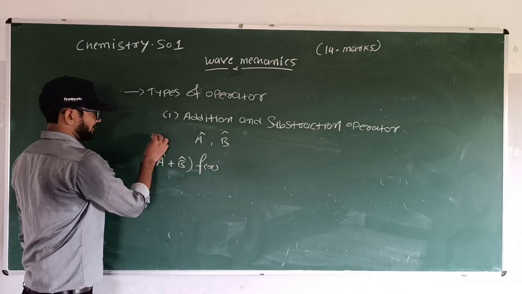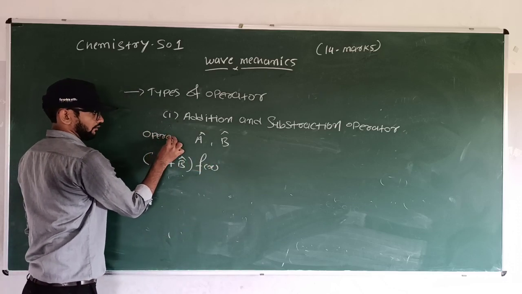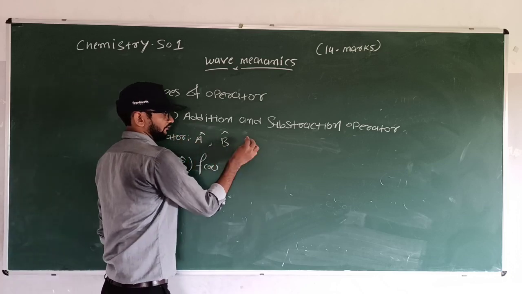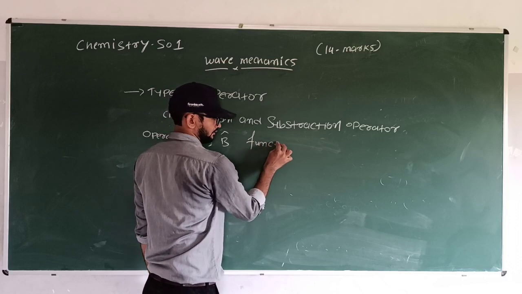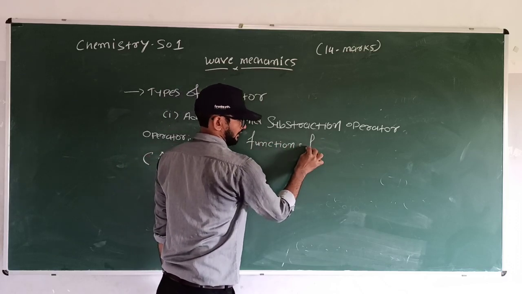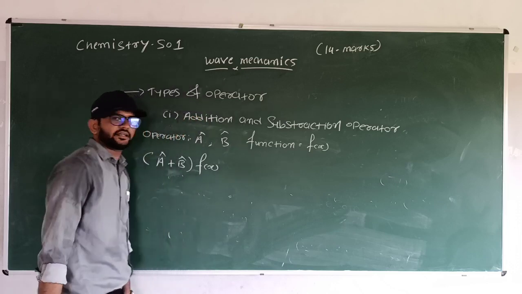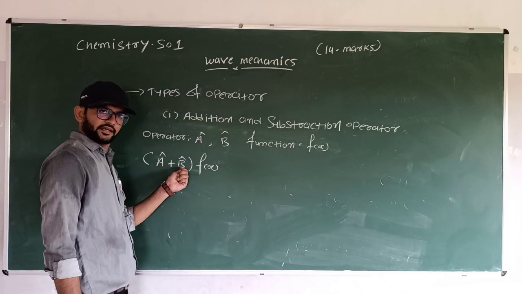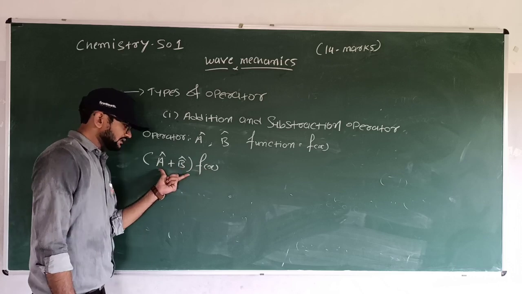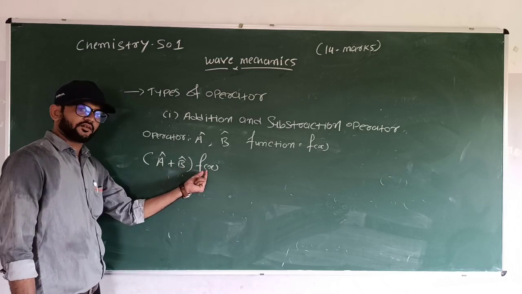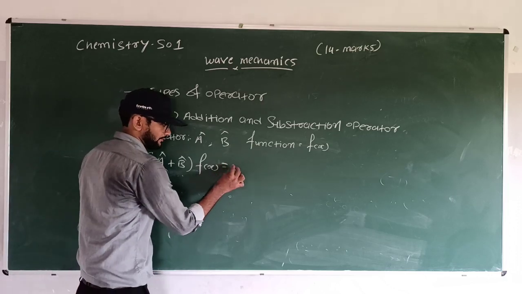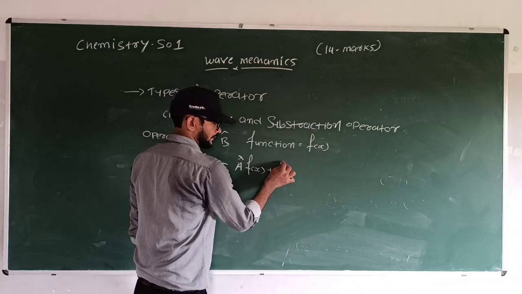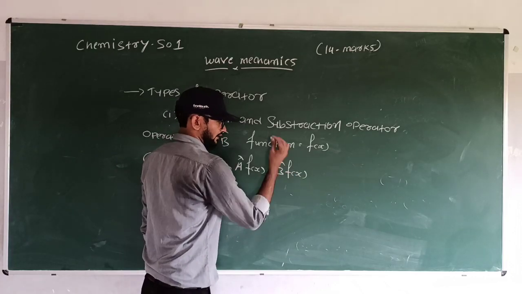Here AK and BK are operators and the function is fx. So the mathematical expression for the addition operator is: the addition of both operators operating on function fx is equal to AK fx plus BK fx.